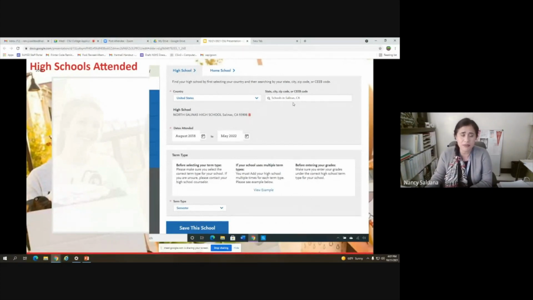Once you've identified all of the schools that you've attended, the name of the school is going to come up here. You're going to indicate the dates that you were at that particular school, and you are going to indicate that it is a semester school. Once you've done this, you're going to go ahead and save the school.